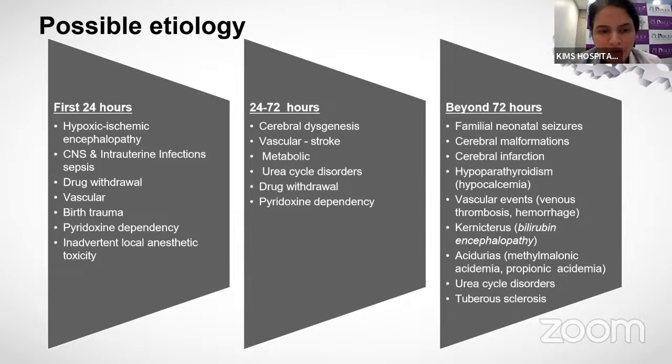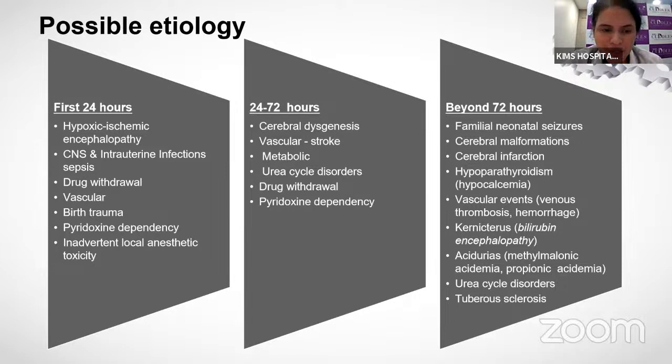So in the first 24 hours or within day 1, seizures are usually secondary to hypoxic ischemic encephalopathy or perinatal asphyxia, not just at the time of the birth, but this could also arise from an insult that is arising just before birth, or antepartum hypoxia. Early seizures in the first 24 hours could also arise because of CNS and intrauterine infections, particularly the TORCH group of infections. Drug withdrawal, particularly maternal opioid withdrawal effect.